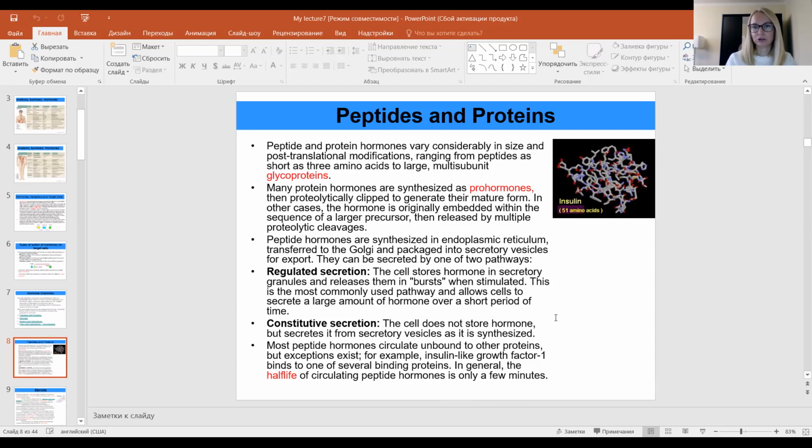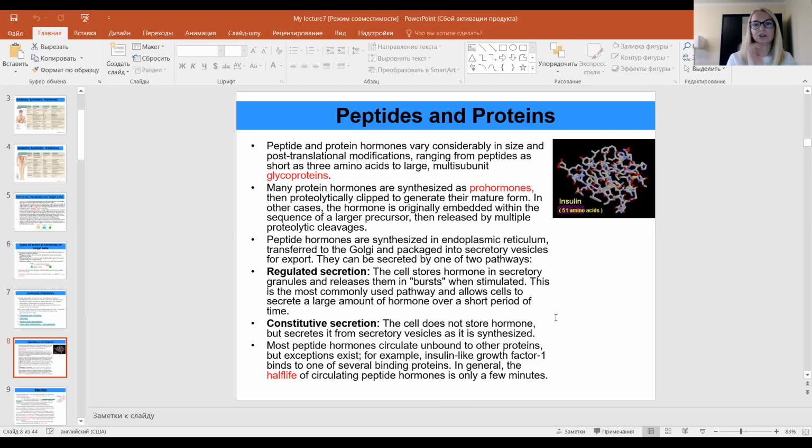This is the most commonly used pathway and allows cells to secrete a large amount of hormone over a short period of time. And the second type is constitutive secretion. The cell does not store hormone, but secretes it from secretory vesicles as it is synthesized.